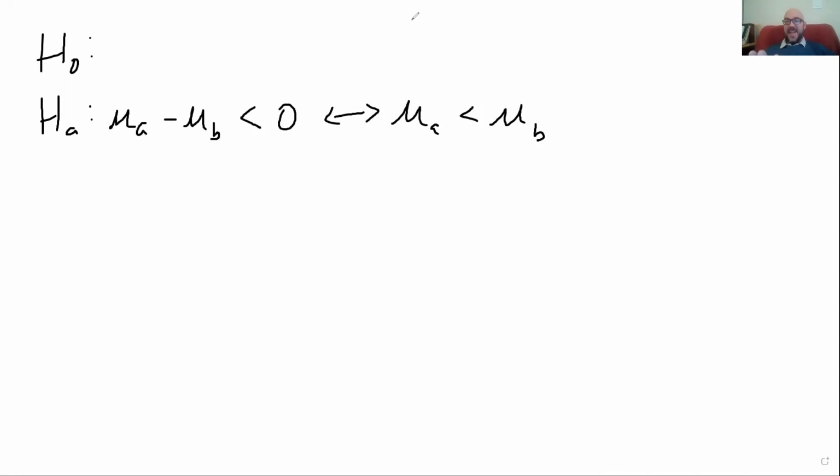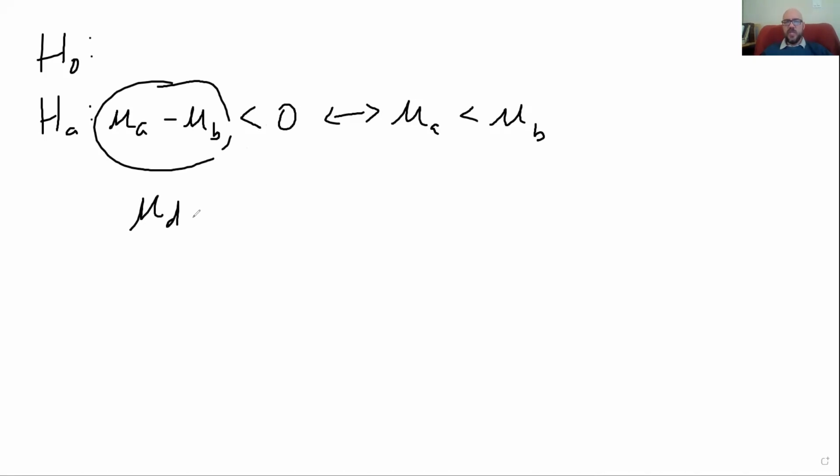So here's the thing I hate. Your book doesn't use this notation. Your book calls this thing, mu A minus mu B, just mu D. The D stands for difference. And it's not wrong to do this. It is, however, unhelpful because, as I mentioned in one of the previous videos, this sign right here is the hardest thing to get right.